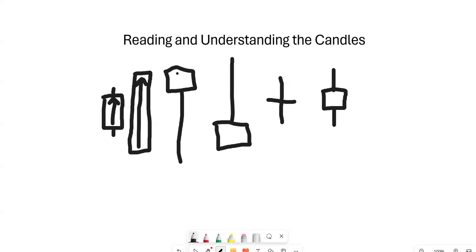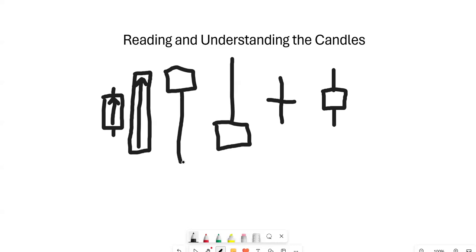So let's say, for instance, this is an up candle or a down candle, either one. What happened here is price will open right here. And then all of a sudden it came all the way down. The sellers came in, pushed price all the way down here.